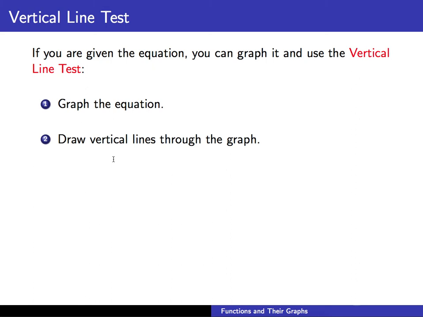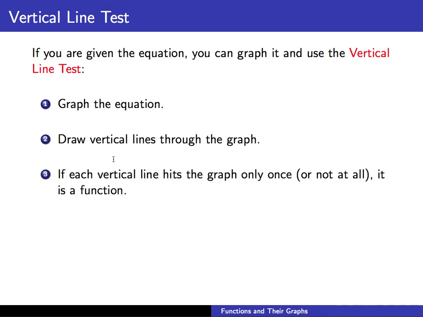If you're using a graphing calculator, or even sometimes your phone or computer screen, you don't want to draw on it. So draw vertical lines through the graph. And if each vertical line hits the graph only once or not at all, it is a function. So if we can draw vertical lines and each vertical line hits the graph at most one time, then the relation is a function.